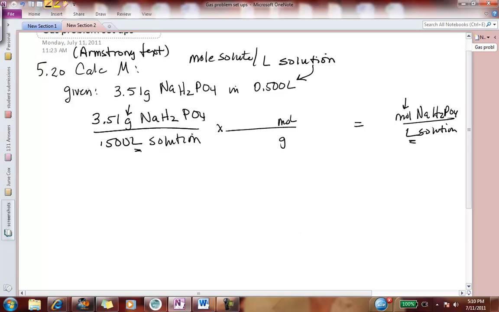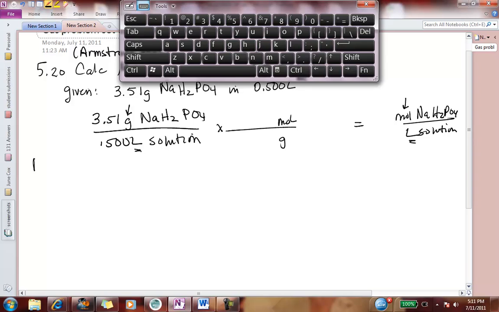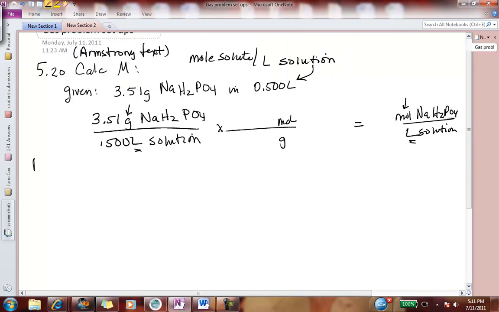We need to know the molar mass of sodium dihydrogen phosphate. So we have NaH2PO4. I'm going to do this to whole numbers. You should use the numbers that come in your text, which probably have 4 significant digits.